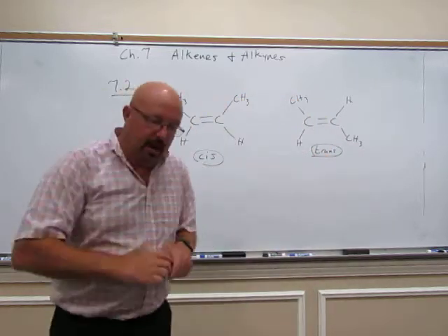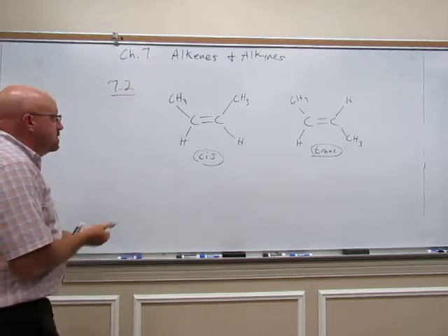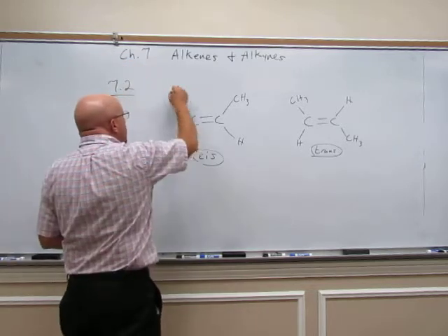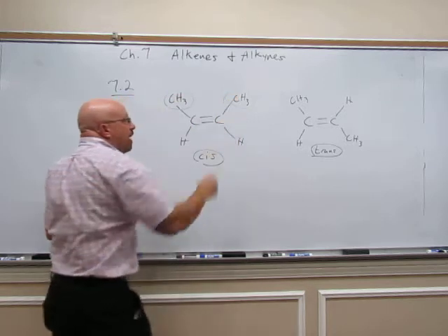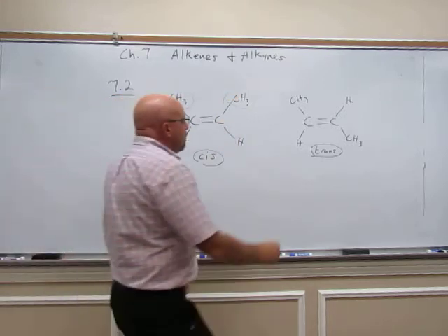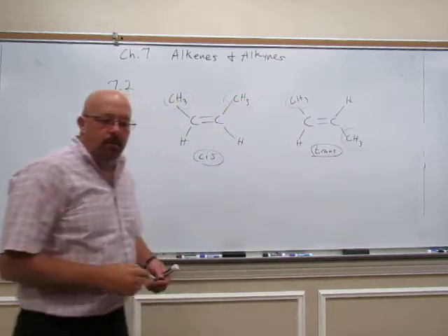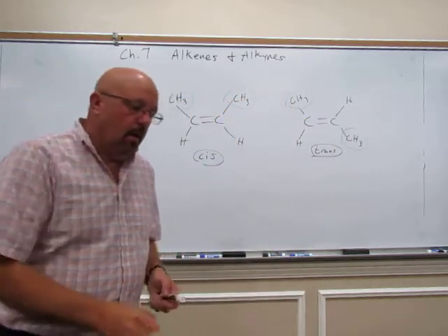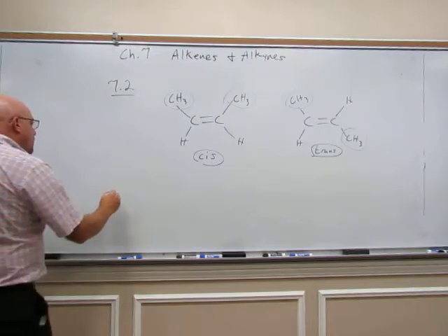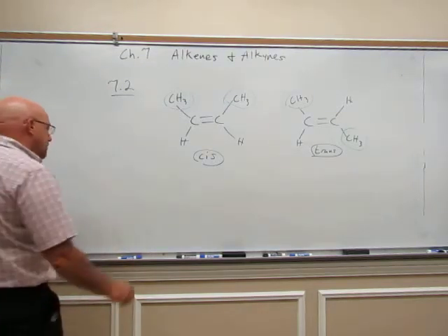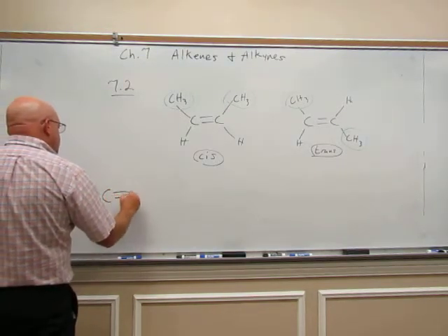So a cis alkene is where we have two substituents coming off the double bond and they are on the same side. And trans is where we have two substituents coming off and they're on opposite sides of the double bond. But what do we do if there's more than two substituents? I can't use cis and trans.